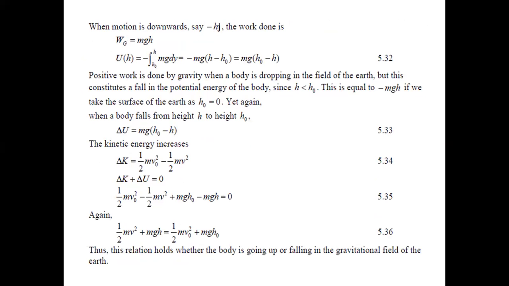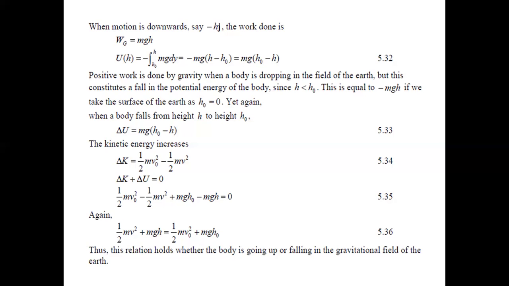Now if the motion is downwards, the force is minus mg. The work done is mgh, and U of h will then be equal to minus the integral from h naught to h of minus mg dy. You get minus mg into h minus h naught, which is mg into h naught minus h.